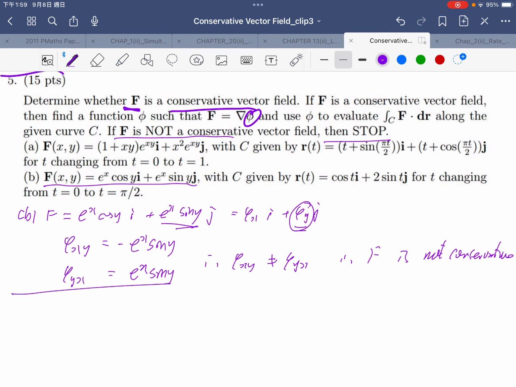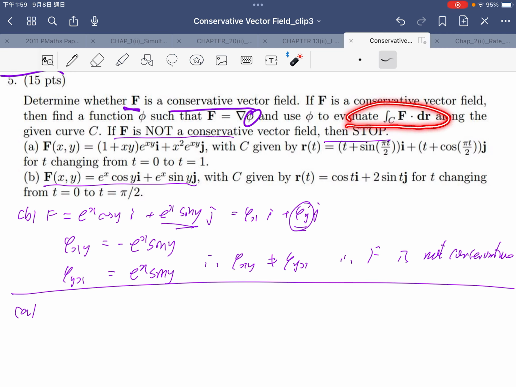Stop here. Okay, for part A, if it is conservative, then evaluate the line integral by using this formula. If it is conservative, then f(B) minus f(A).